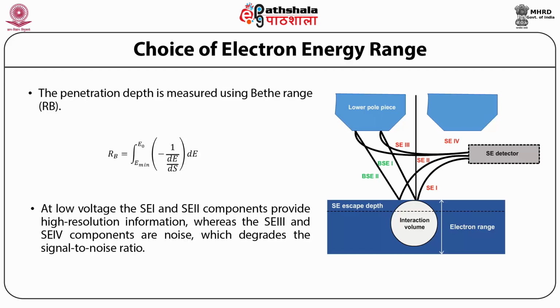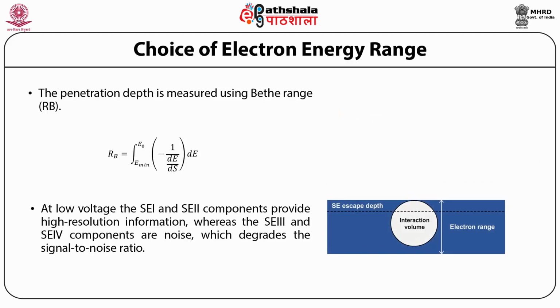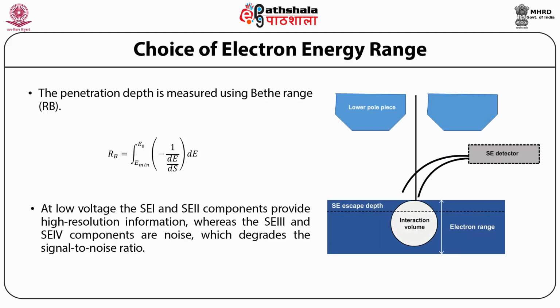However, the average backscattered electron emerges from a depth of about 0.2 Rb, which is approximately 0.25 micrometer or more. The backscattered electrons carry the bulk information and the secondary electron carries the surface information of the material.